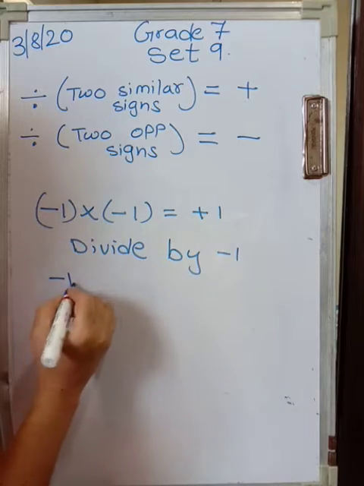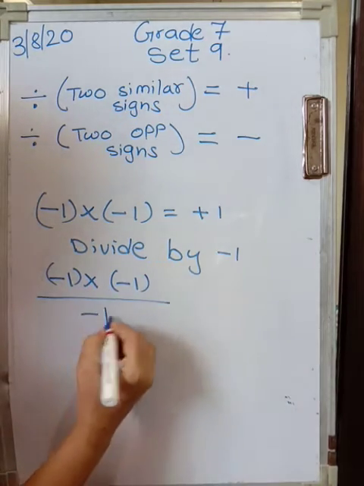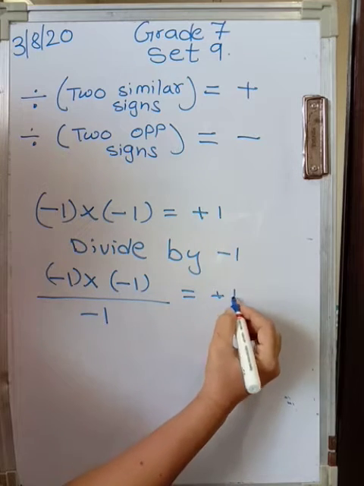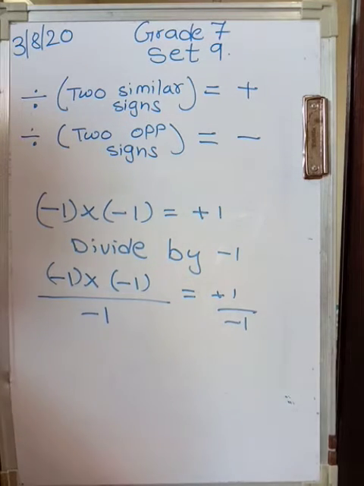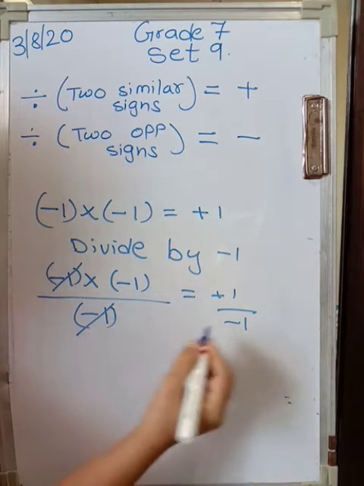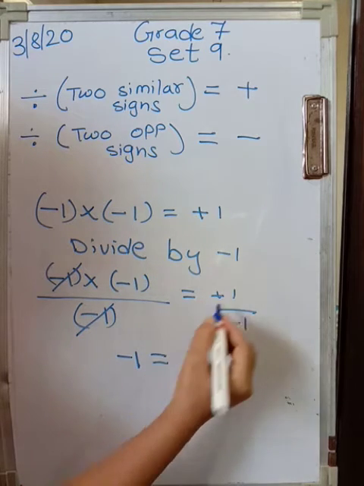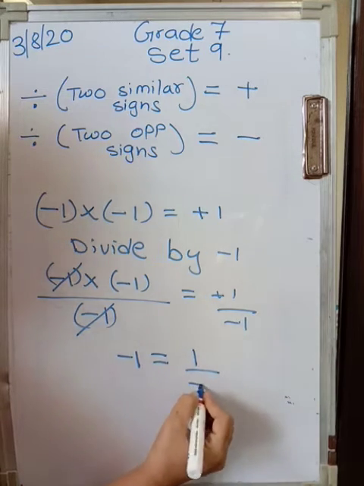So what will I get? Minus 1 into minus 1 upon minus 1 is equal to plus 1 upon minus 1. Now minus 1 and minus 1 will be cancelled. So what are we getting? Minus 1 is equal to 1 upon minus 1.